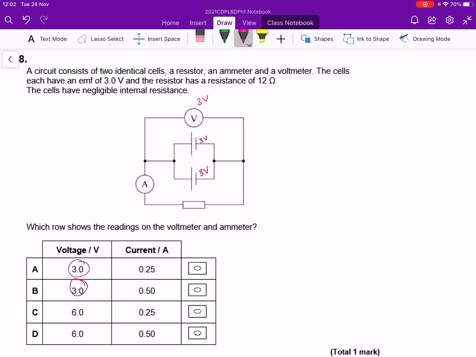So I know that these are going to be the correct answers. We have this resistor, R is 12. So work out the current through it, I equals V over R, 3 volts across it, 12 ohms. 1 over 4 is 0.25. So 8 is going to be A.